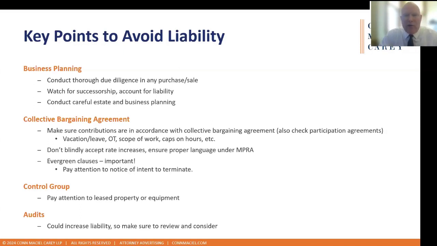And you have to give notice, more than 60 days prior to Y date, or else it will renew year over year. And that could happen. If you're thinking, I might want to get out of my pension fund, you need to make sure that you dot your I's and cross your T's as far as giving notice properly to the union under the CBA.